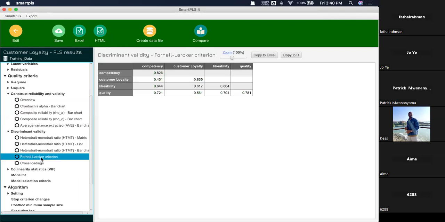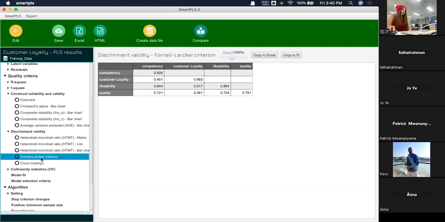Now, for competency, can someone please tell me what is the square root of 0.682? What is the square root of 0.682? 0.825, okay?